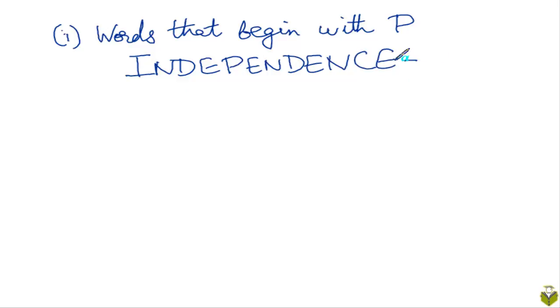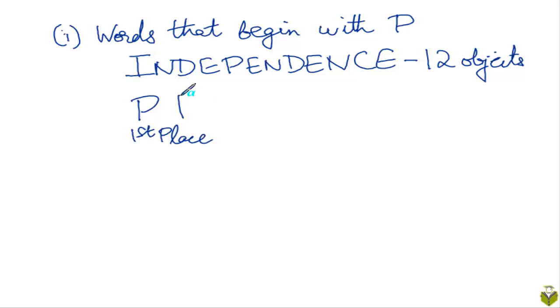We found out from the last part, it's 12 objects, and we only want words that have P in the first place. So P has to be fixed in the first place. How many other objects are remaining if we already use up P for the first place? 11, right?